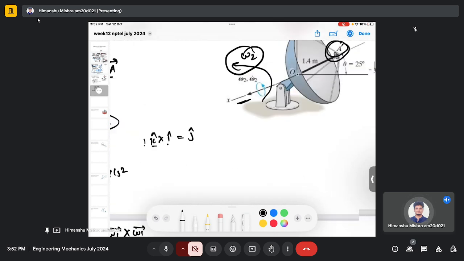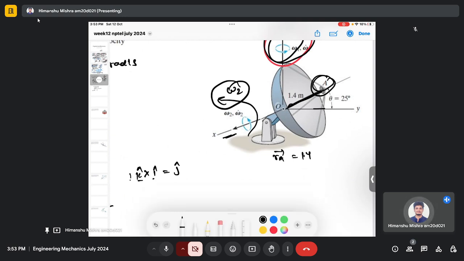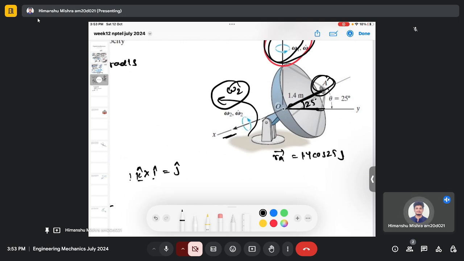So the distance from O to A is 1.4, then my RA will be 1.4 cos 25 along the y-axis, since this is angle 25, and 1.4 sine 25 along the z-axis.